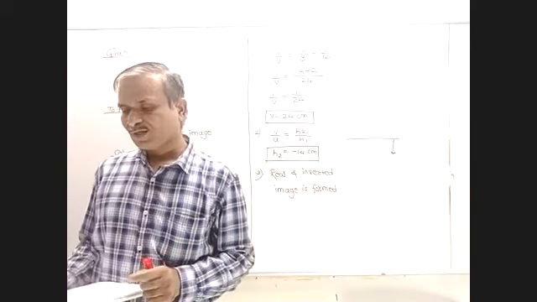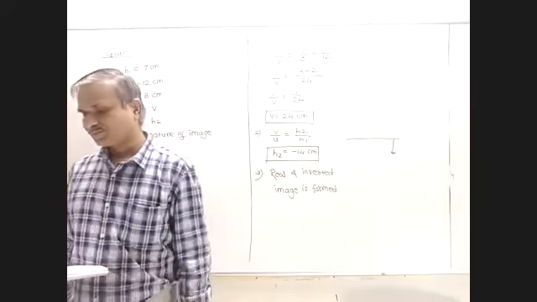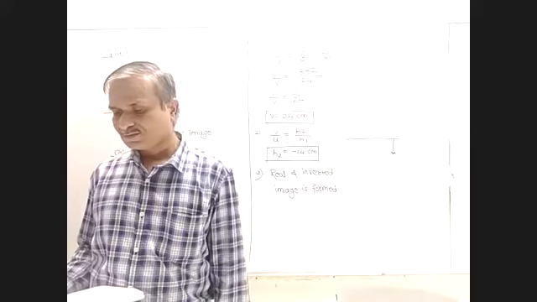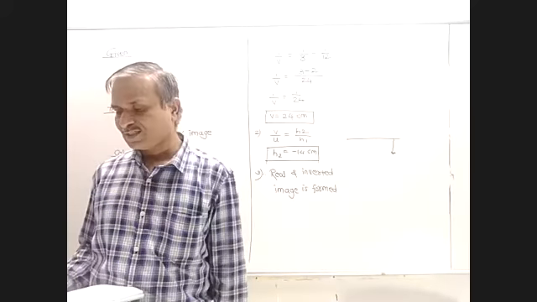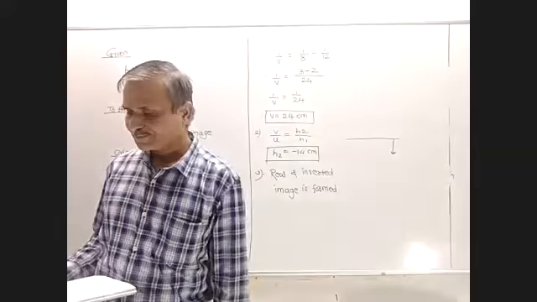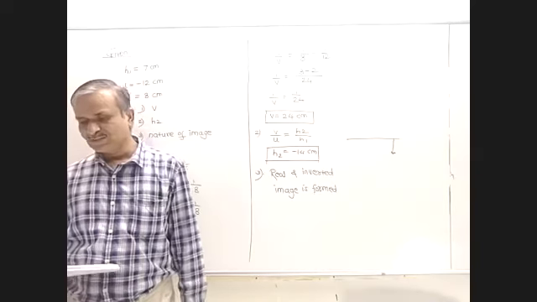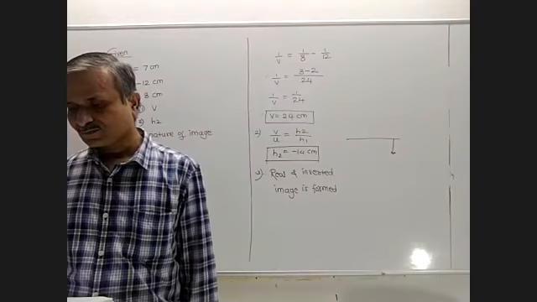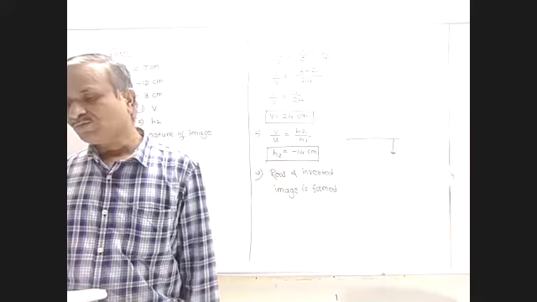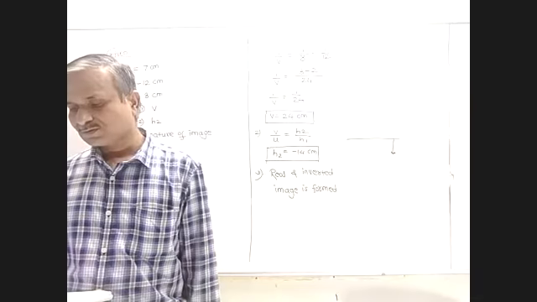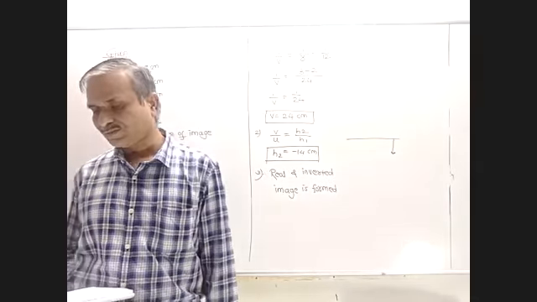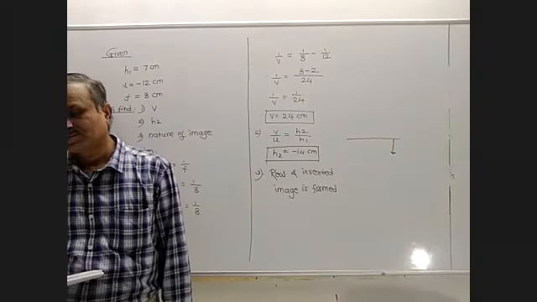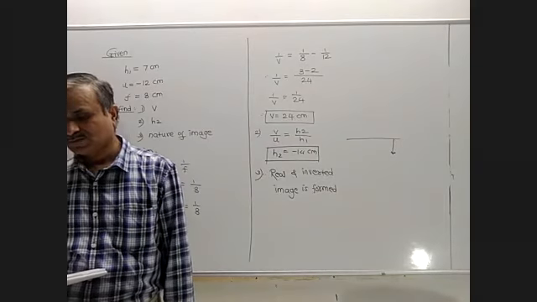Can you repeat? A convex lens of focal length 10 centimeter is placed at a distance of 12 centimeter from a wall. How far from the lens should an object be placed so as to form its real image?